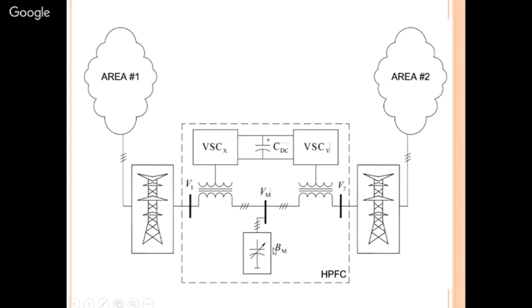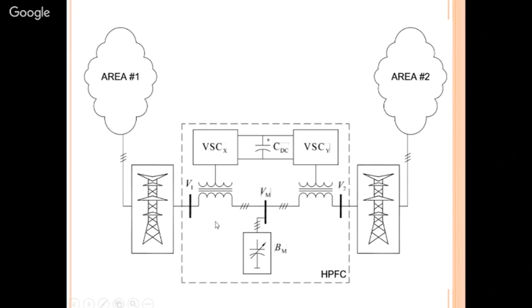Okay, and so we can also say that this is equivalent to your SVC, the variable impedance type device that we discussed, and this is your VSC source, that is, your voltage source converter based device. So this is a combination of those.